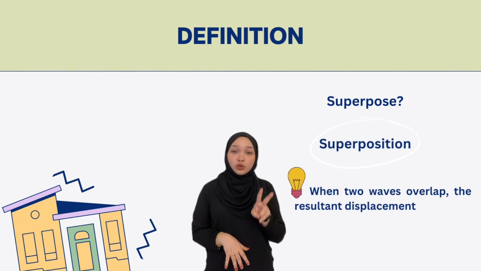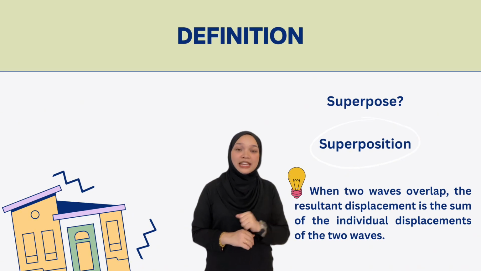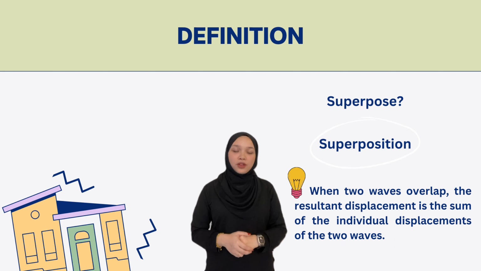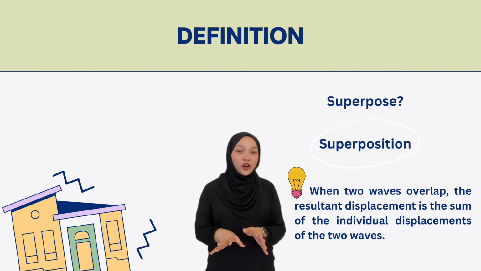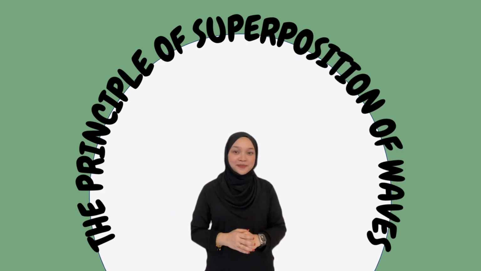Superposition is when two waves overlap. The resultant displacement is the sum of the individual displacements of the waves. Displacement here refers to the amplitude of the wave. So, to be exact, that is the definition of the principle of superposition of wave.